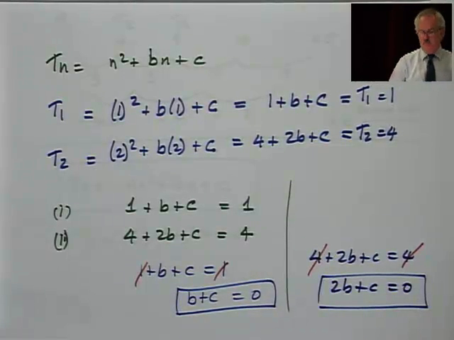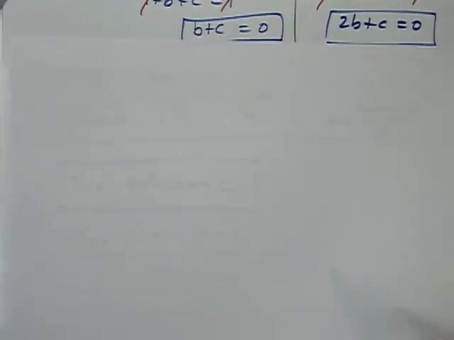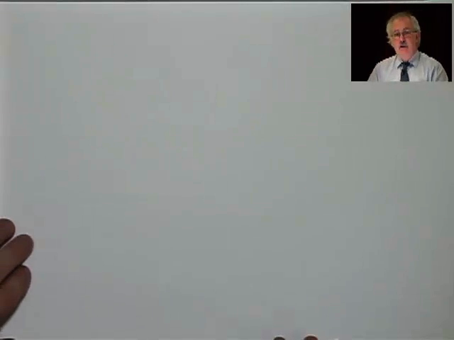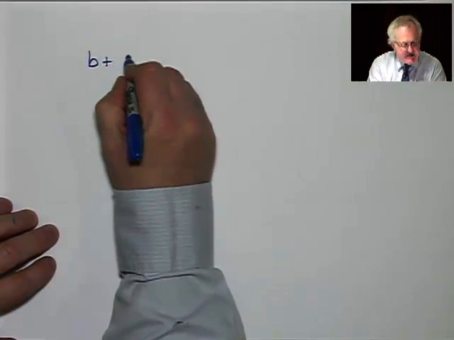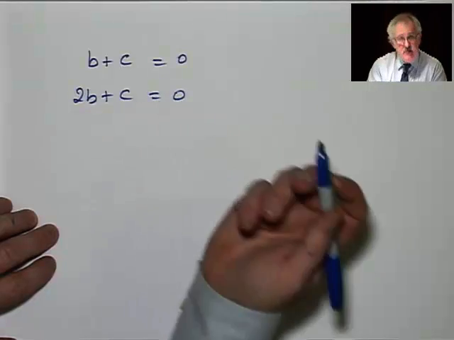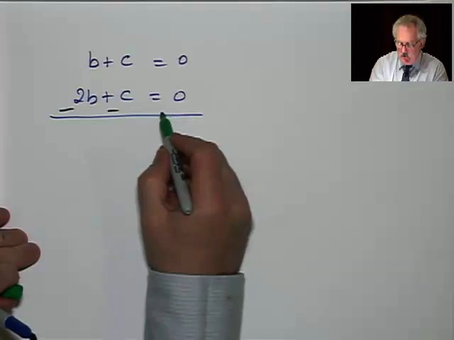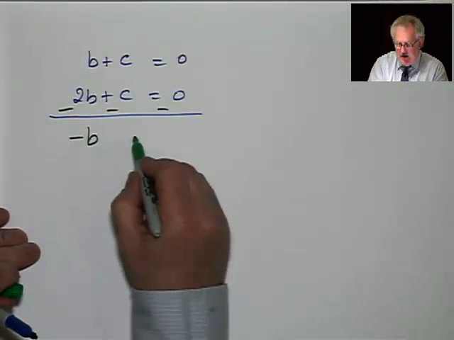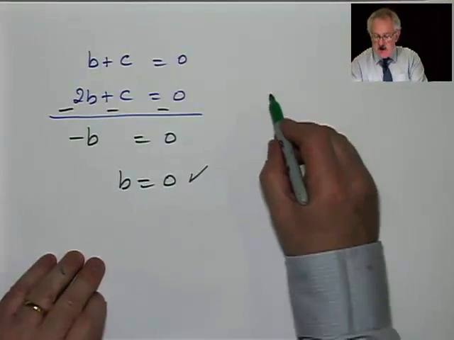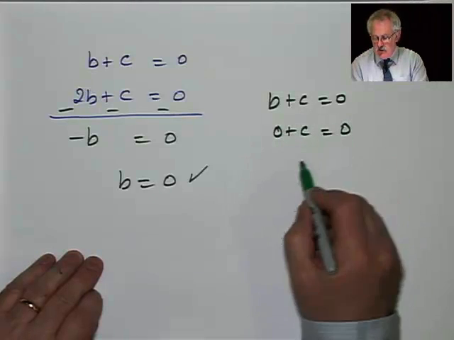Now we've got two equations that both hold, and if they both hold at the same time, they're called simultaneous equations. So at this stage we have b plus c is 0 and 2b plus c is 0. We just take one from the other and we find that minus b is 0. b is 0. Now if b is 0 and b plus c is 0, then 0 plus c is 0. c is 0.